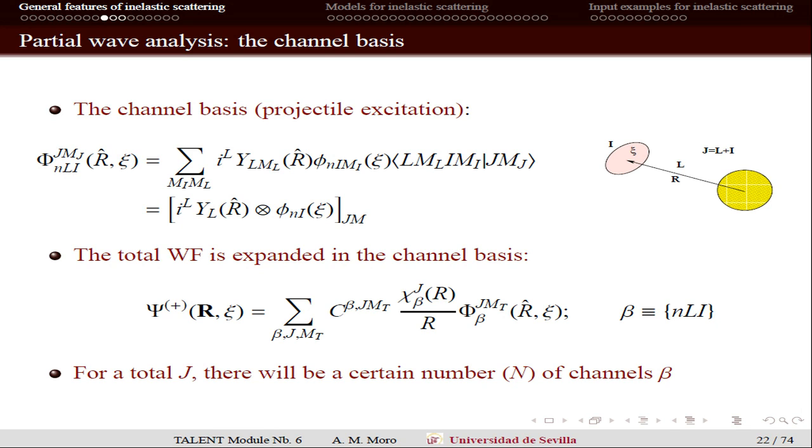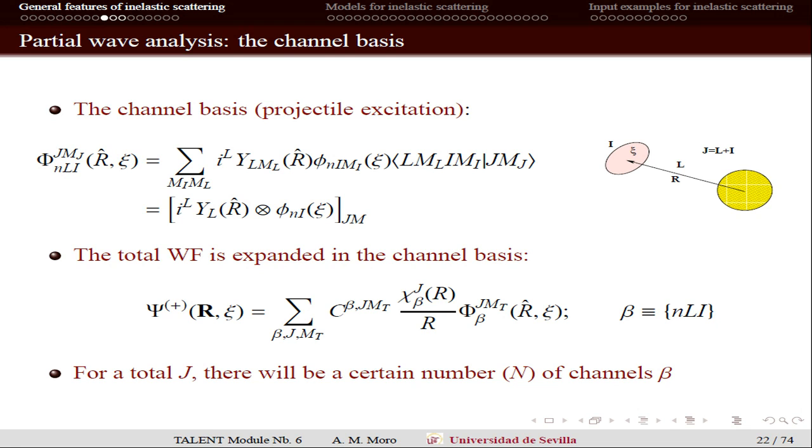But the idea, lost with the notation, is just to isolate the radial parts and to use the fact that the total angular momentum is conserved. So we will have a set of equations for each total J. This is the idea of what we want to do. So for each total J, we will now have a set, a number n, of channels beta.